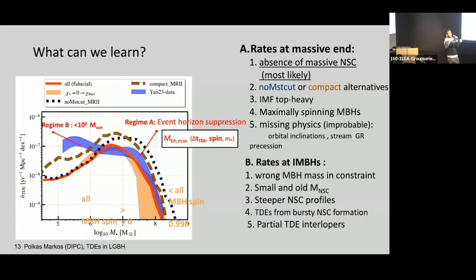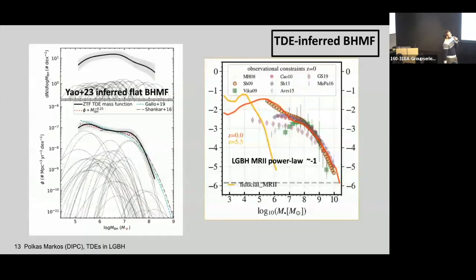But also at the lower masses, where we expect remnant seeds to be detected, we have an incompatibility. And this is something I want to discuss, because we predict a high amount of black holes at 10^5, 10^6 with our model.